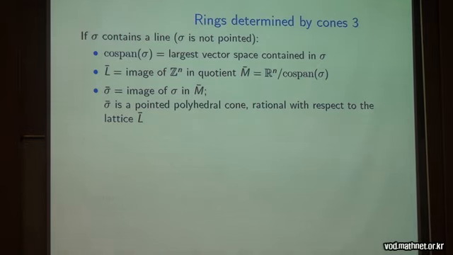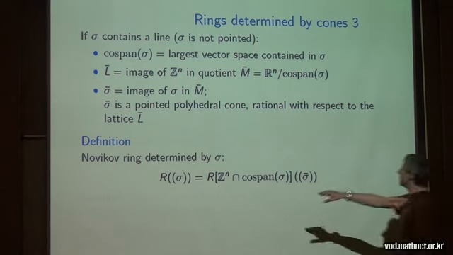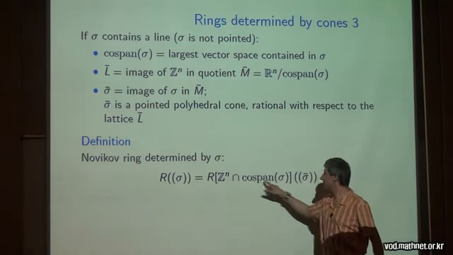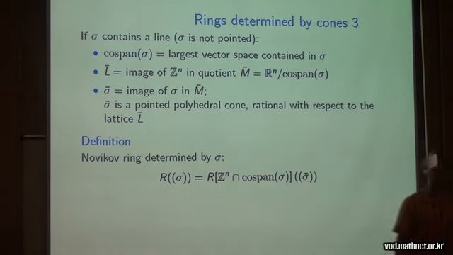Once again, this is all standard. But now we can essentially apply the definition for the pointed cone, but not over the ring R. I take the group ring of the integral points in the cospan of sigma. Okay, so R of Zn intersection cospan of sigma, that's a sublattice of Zn. So in other words, now I don't work over R, I work over some Laurent polynomial ring, okay, and apply the exact same construction to sigma bar over this bigger ground ring.